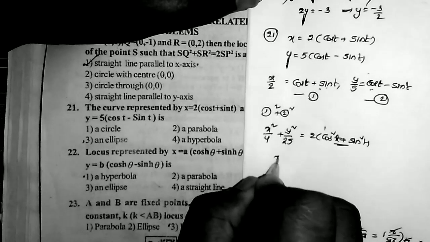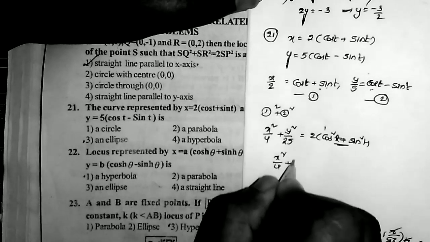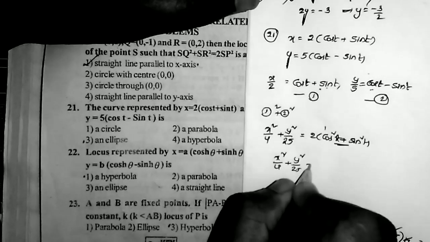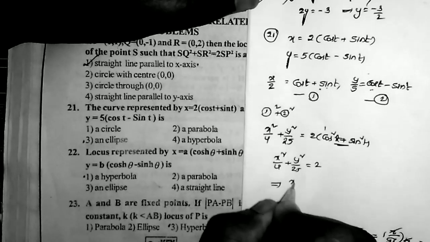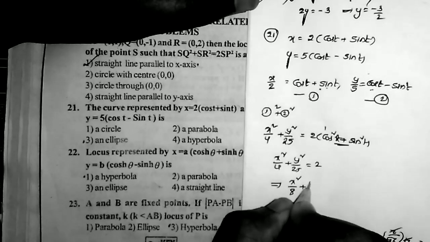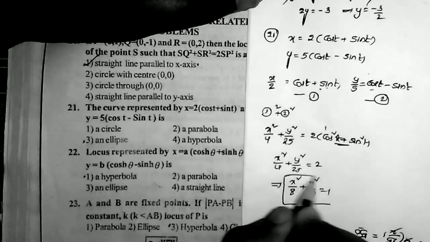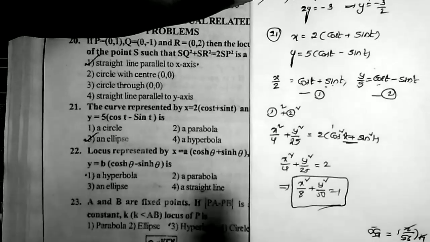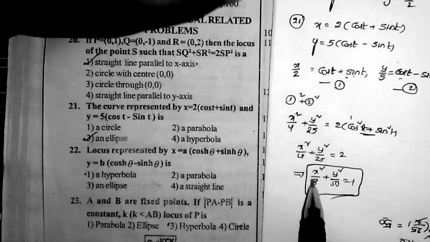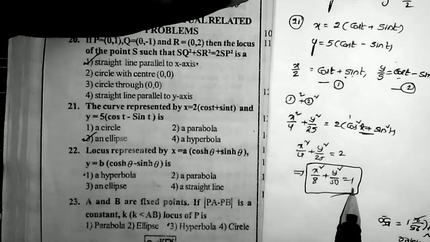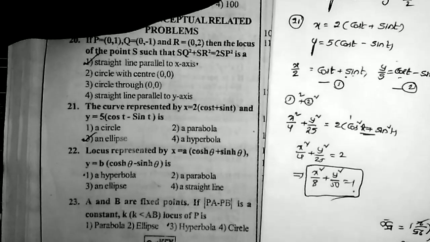That is x square by 4 plus y square by 25 is equal to 2, which implies x square by 8 plus y square by 50 is equal to 1. This equation represents the ellipse, which is in the form of x square by a square plus y square by b square equals 1. That is nothing but the ellipse. That's all.